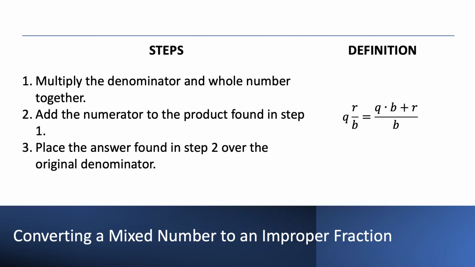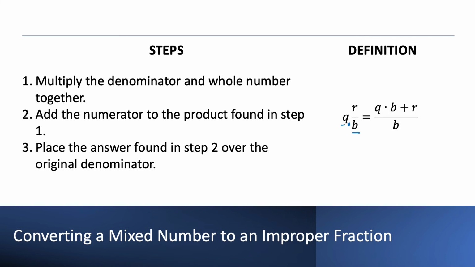If we look at the formula definition, we have a mixed number of Q R over B. So Q is the whole number, and then R over B is the fraction part of the mixed number. In order to convert this to an improper fraction, we first multiply Q times B together. So you multiply the denominator by the whole number.